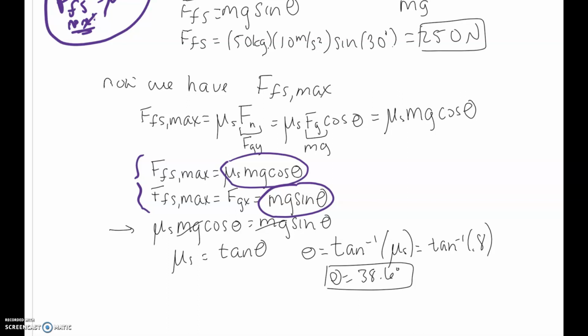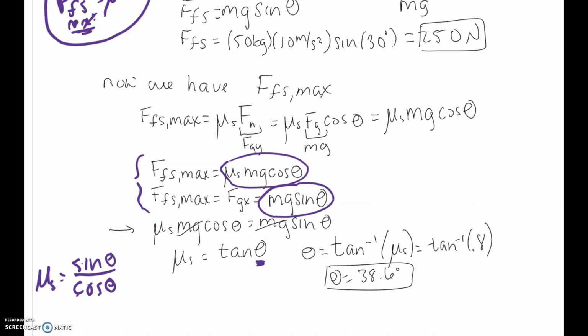Dividing both sides by cosine, we have mu static is equal to sine theta over cosine theta. Right now, this theta is in two different trig functions. We need to combine it into one. This is where we use our knowledge of trig, realizing that sine divided by cosine gives us tangent, which allows us to make theta into just one term.